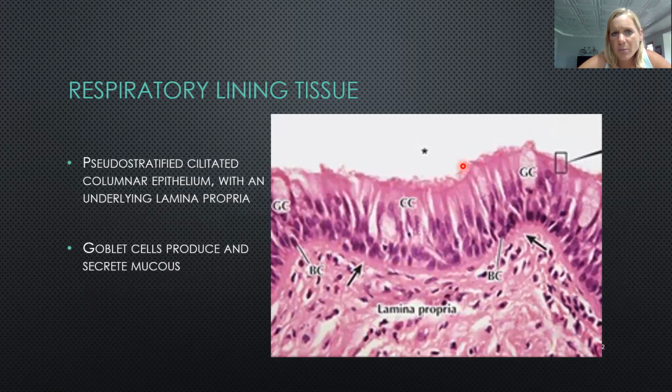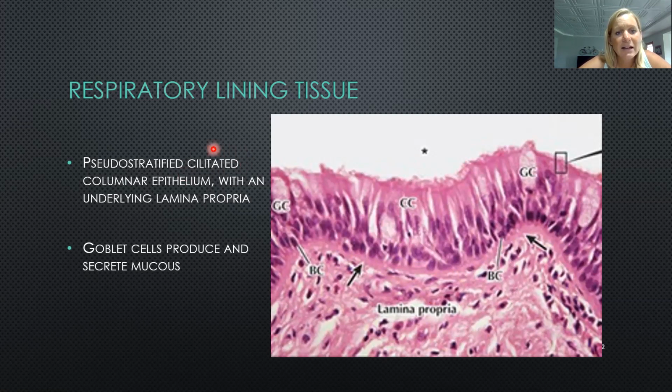So what's going on with the lining? Within the respiratory paths, or the conducting zone, the respiratory lining tissue is made of pseudostratified ciliated columnar epithelium with an underlying lamina propria. Here you can see the lamina propria underneath, which we know is a connective tissue layer that's going to help everything stay intact.